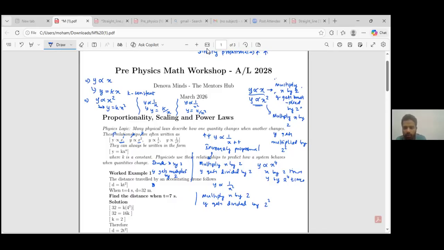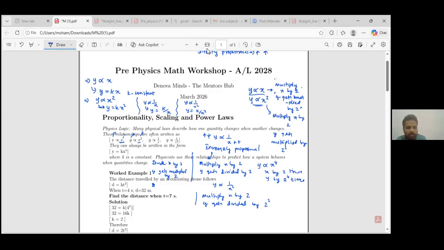On the other hand, if it is inversely proportional, if you multiply one quantity, the other gets divided, and if you divide one quantity, the other gets multiplied, right? That idea should be present. So let's move into some examples and see how we can work on this.